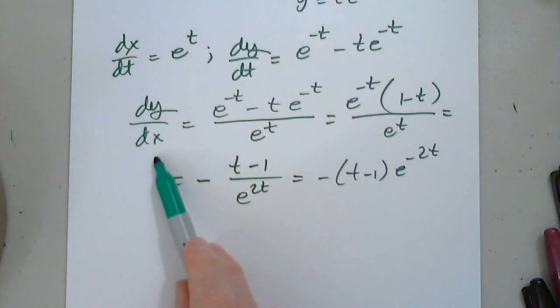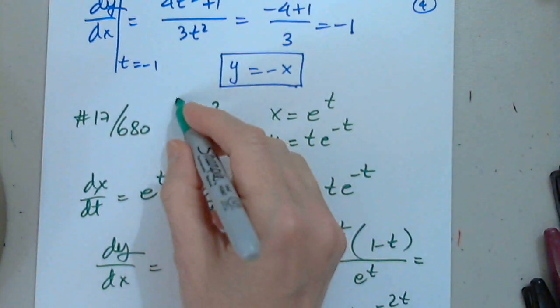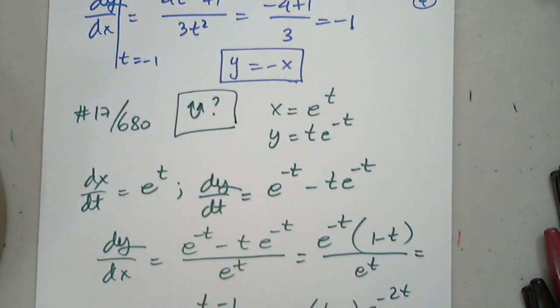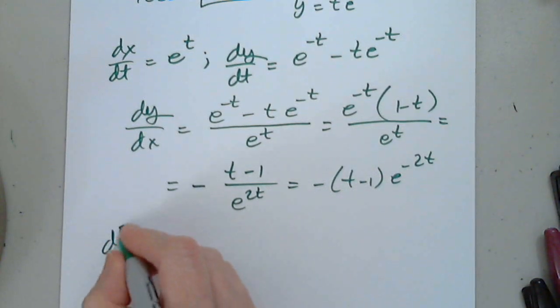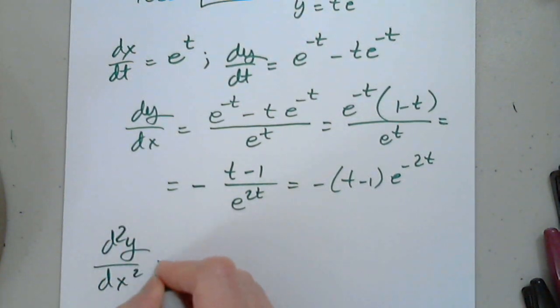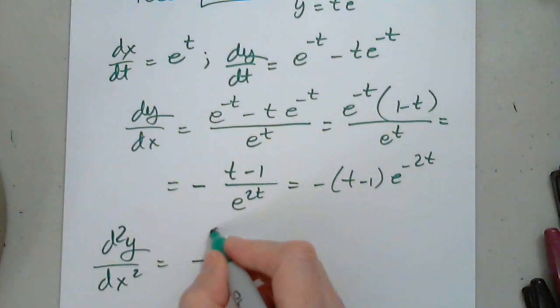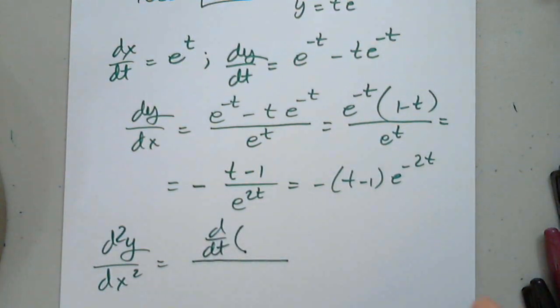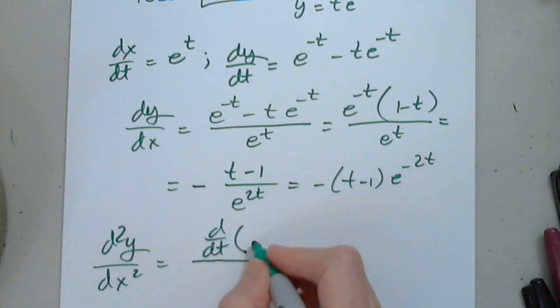Good. So we determined the first derivative, but for concavity, we need to find the second derivative. So let's do that. So d2y over dx2, remember what this means. It's d over dt of dy over dx, which is this. So maybe because I don't want to use nested parentheses, I'm going to put the negative 1 back in.